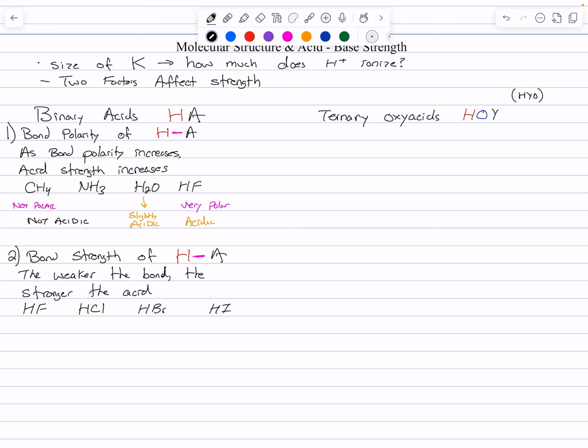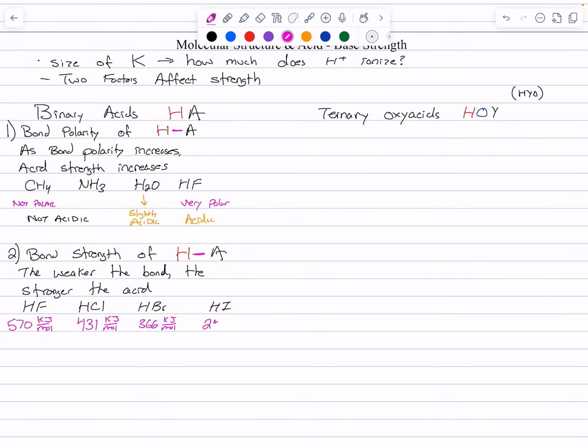Let's talk about the bond strength. So we have 570 kilojoules per mole for hydrofluoric acid, 431 kilojoules per mole, and then 366 kilojoules per mole, and finally 298.